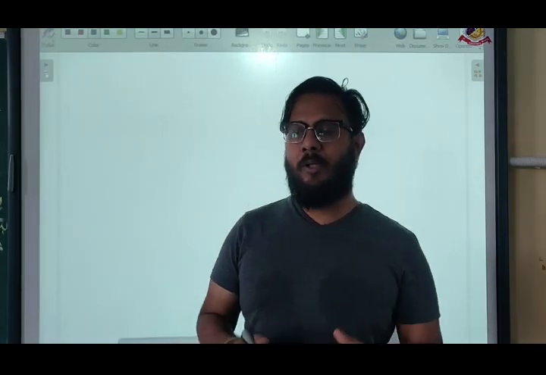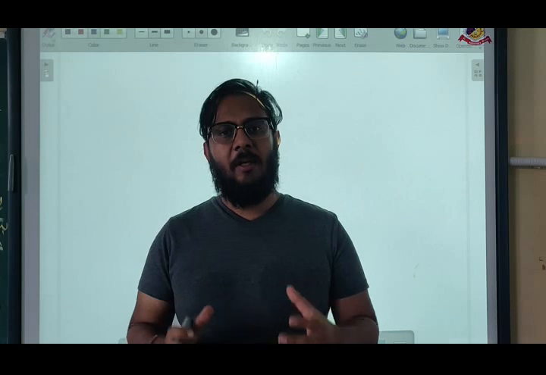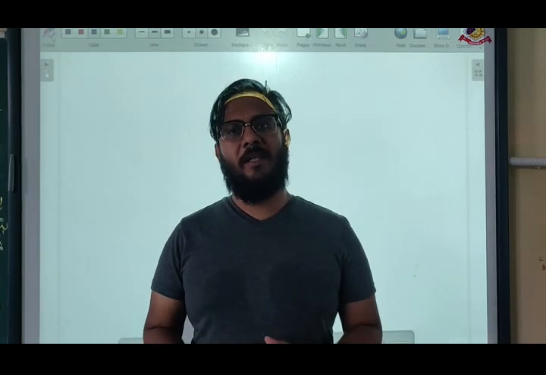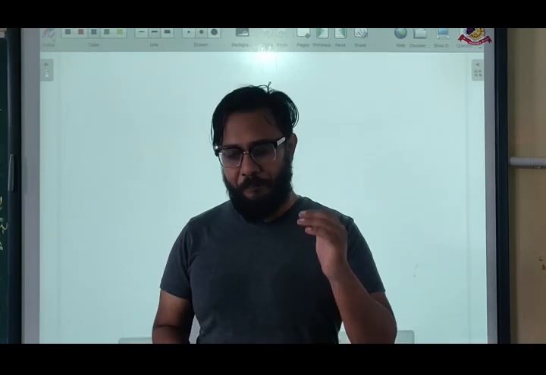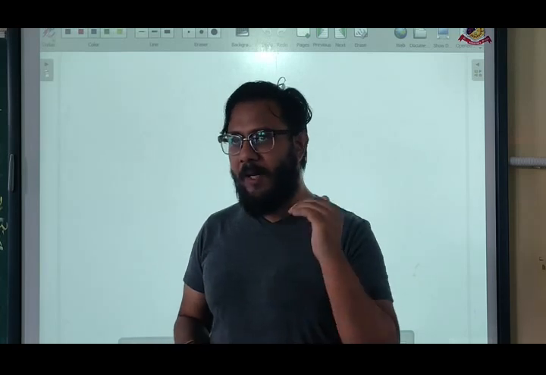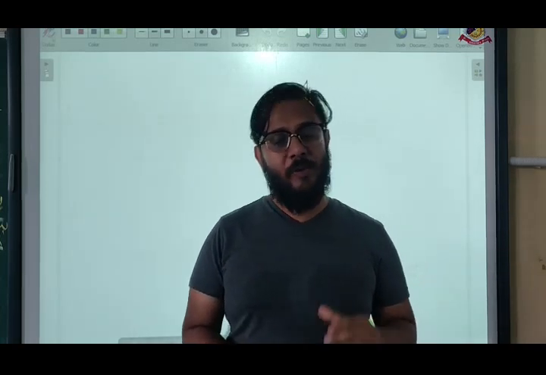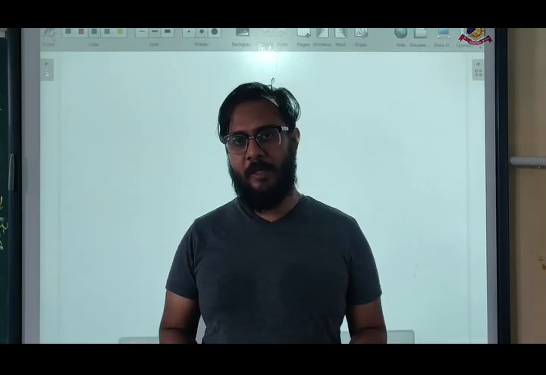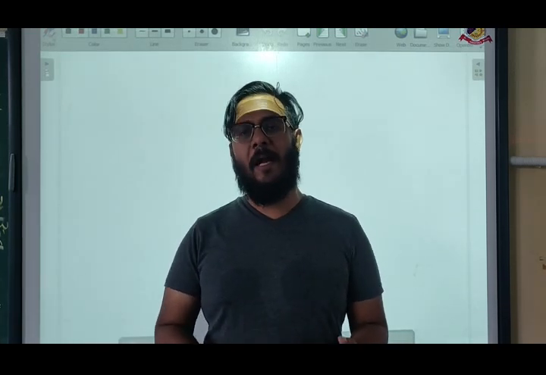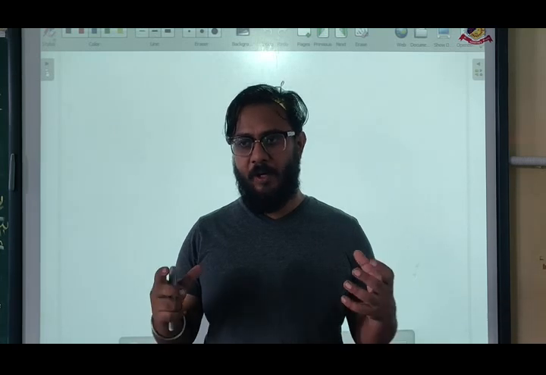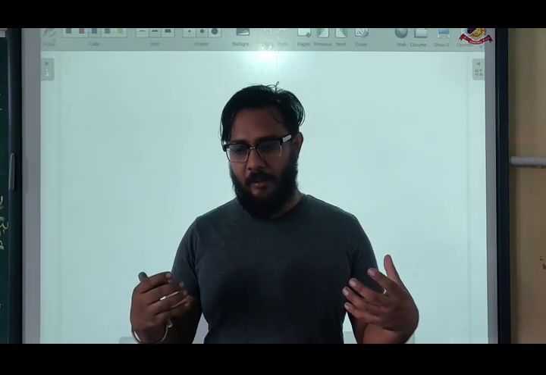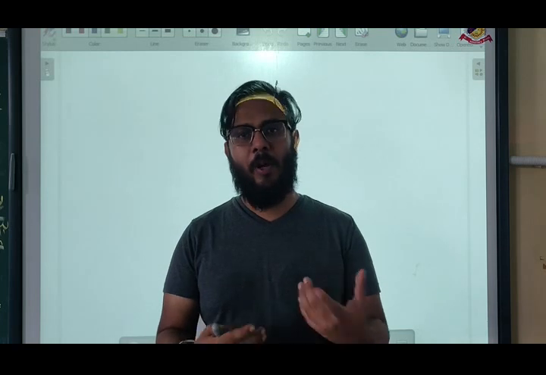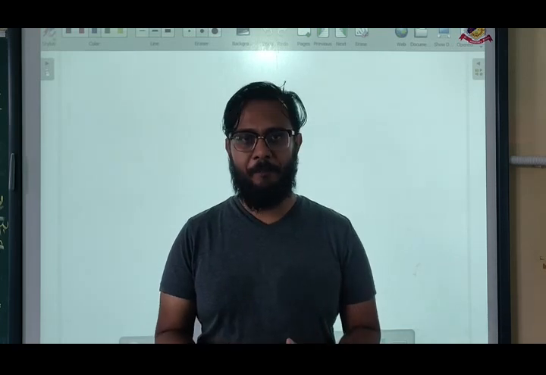Like I said before, I'm not going to talk about atoms and molecules because we have already studied that in class 6. So I'm going to skip that part of this chapter. Next is atomicity. Basically, how many atoms of an element come together to make one molecule of that element.